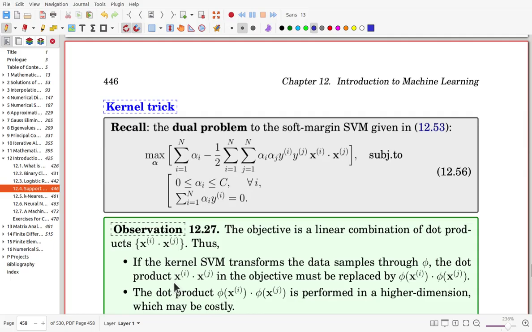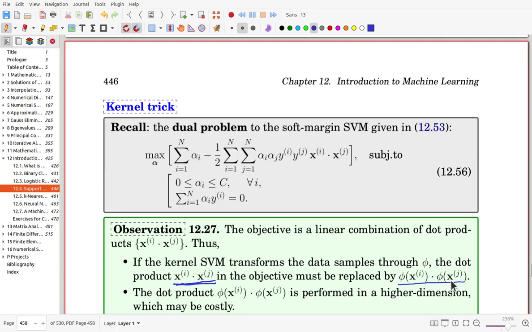So once you are considering kernel SVM, this dot product will be replaced by this one. But anyway, this is a scalar depending on xi and xj.